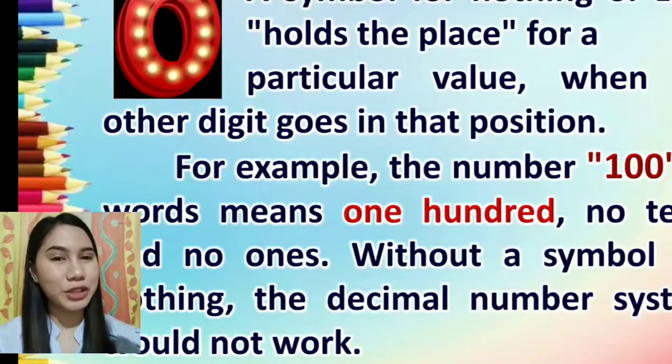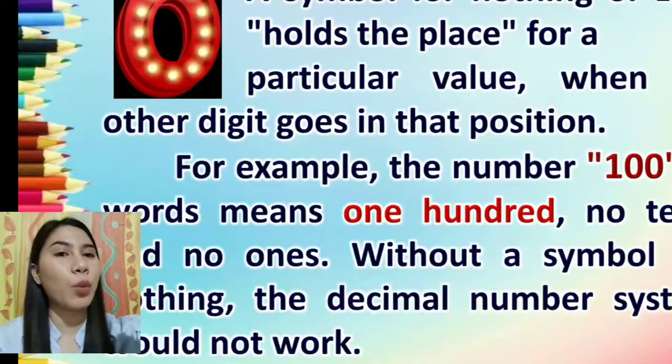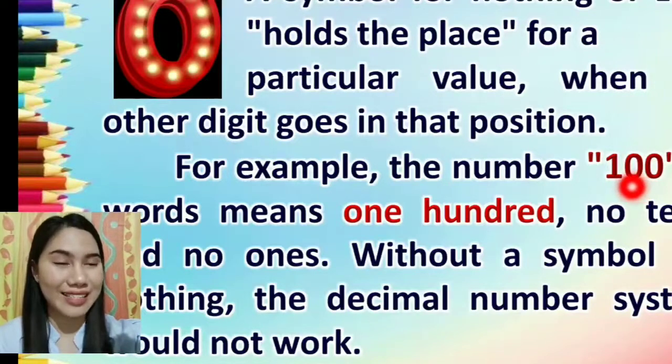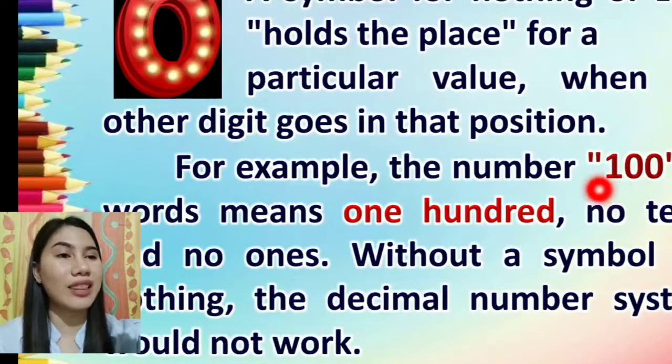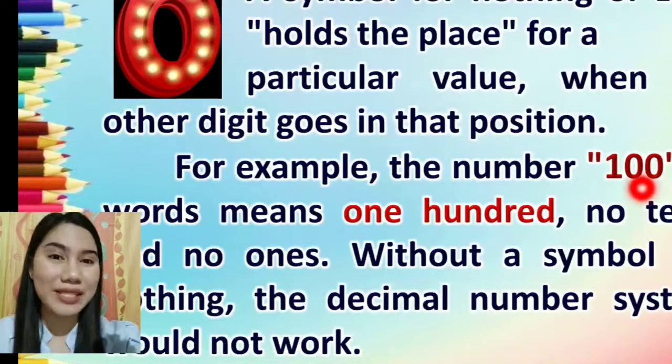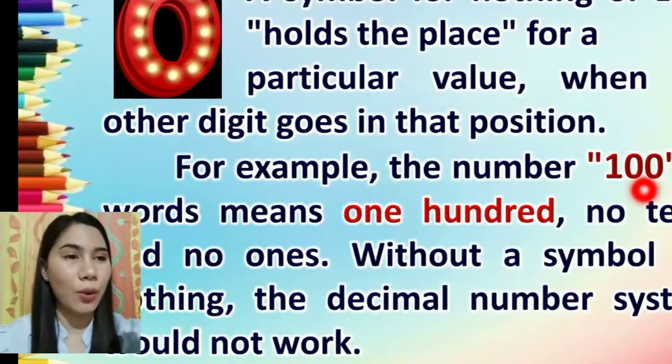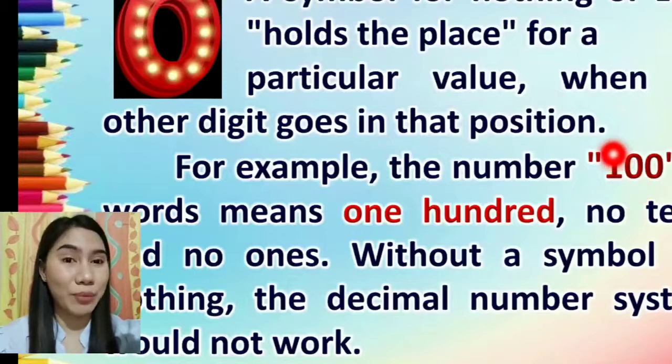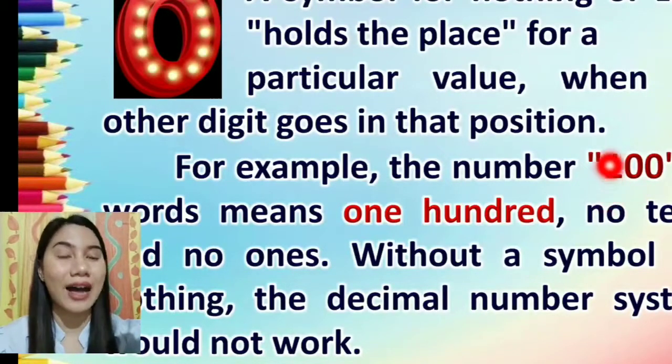So in number 100, the ones and tens are represented by 0, and the number 1 represents the hundreds place.